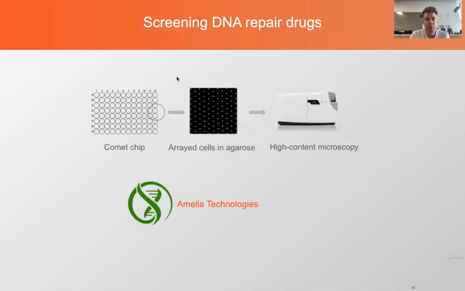The first question was to understand if these drugs induce DNA damage, because we did not want the drugs themselves to induce DNA damage. We just wanted them to induce a response that looked like a DNA damage response. For this, we collaborated with Amelia Technologies and used their Comet chip technology, where you can screen for DNA damage in cells.